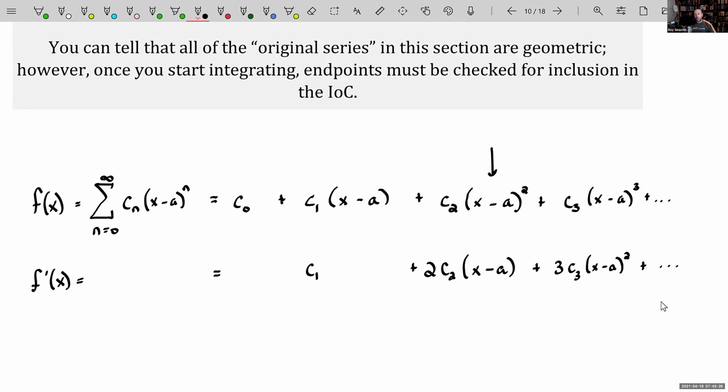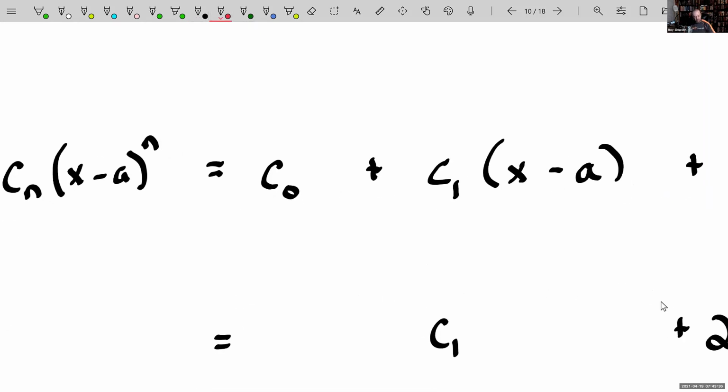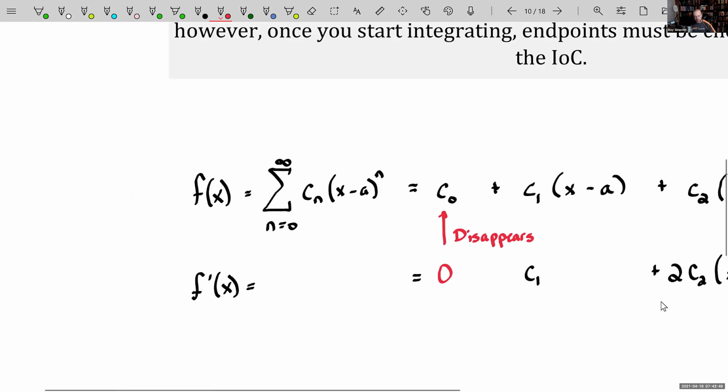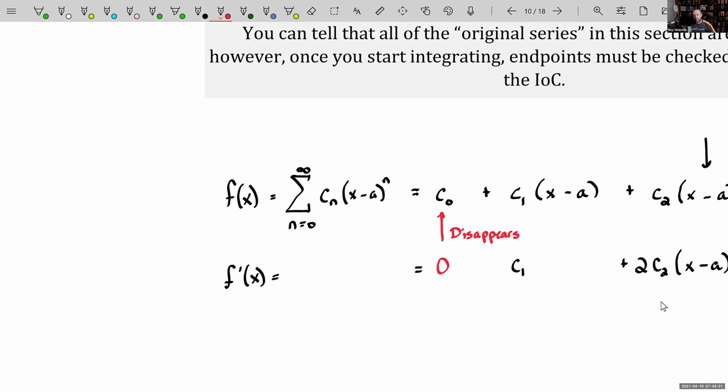Notice that we're missing a term. When we took the derivative of this power series, the constant disappears. So I'm going to write a little note here. That's actually a 0. This disappears because you took its derivative, and the derivative of a constant is 0.